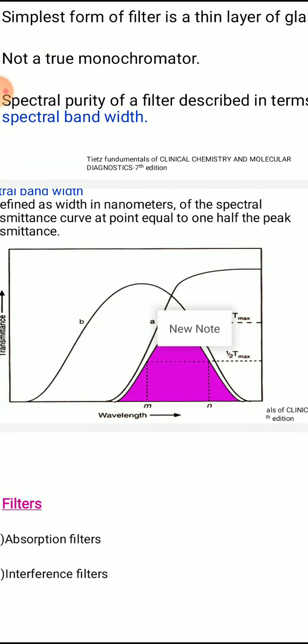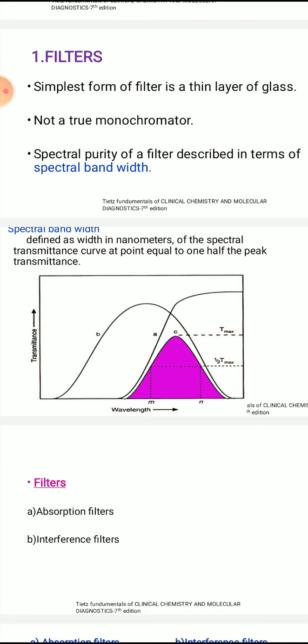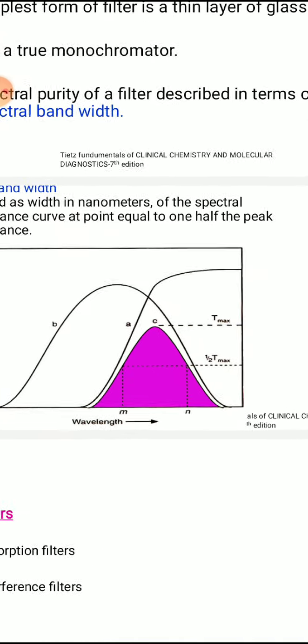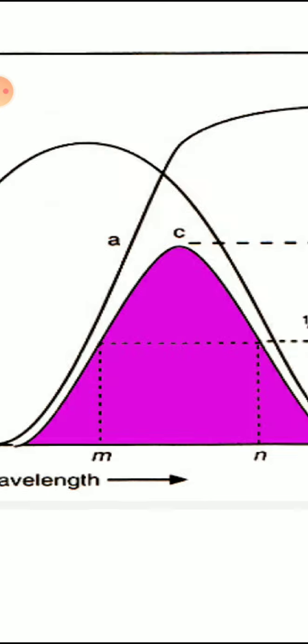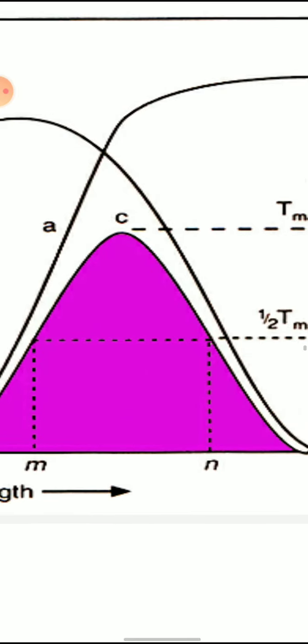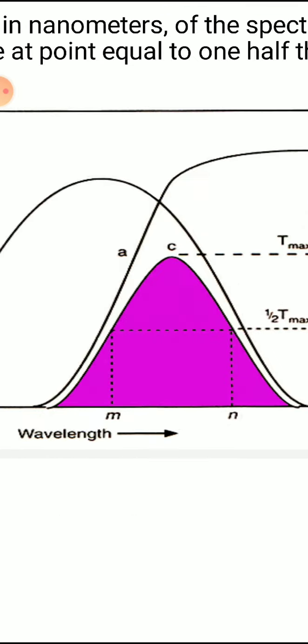This is the peak, and this is one half of the peak. The bandwidth at one half of the peak is known as the spectral bandwidth. You can see it in the picture.